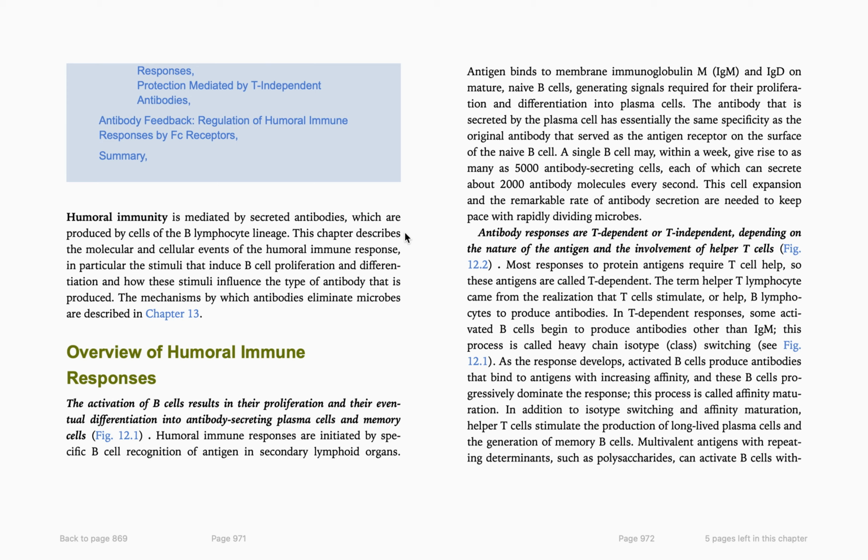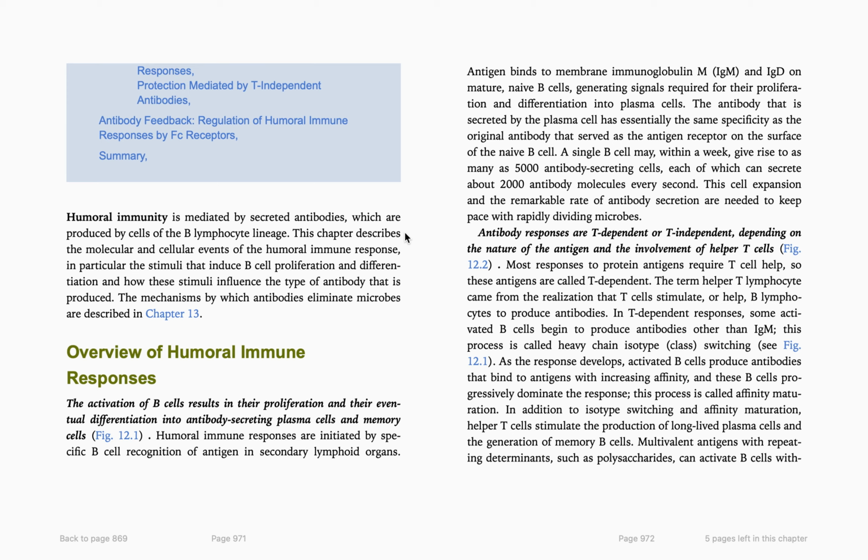Overview of humoral immune response. The activation of B cells results in proliferation and eventually differentiation into antibody-secreting plasma cells and memory cells. Humoral immune responses are initiated by specific B cell recognition of antigen in secondary lymphoid organs.